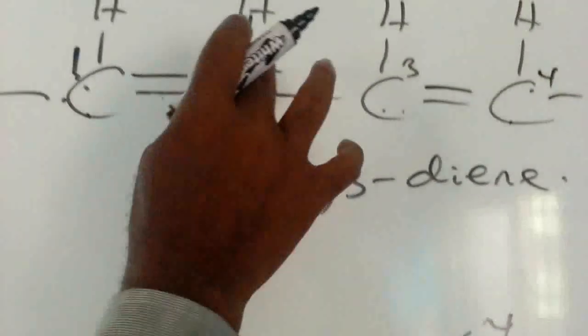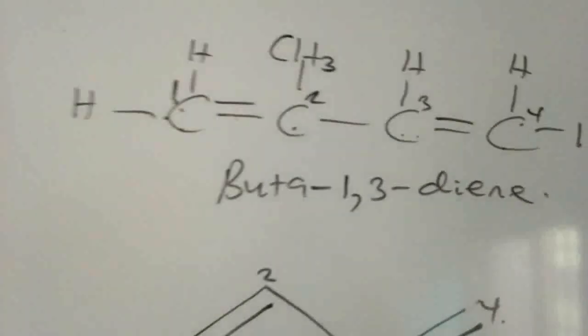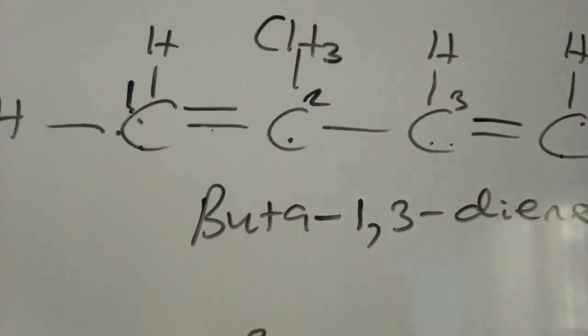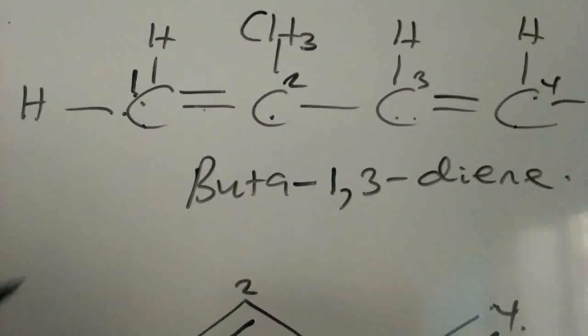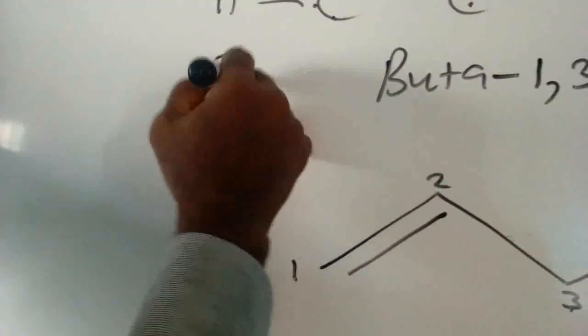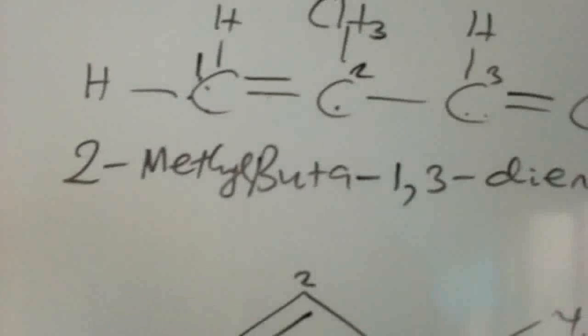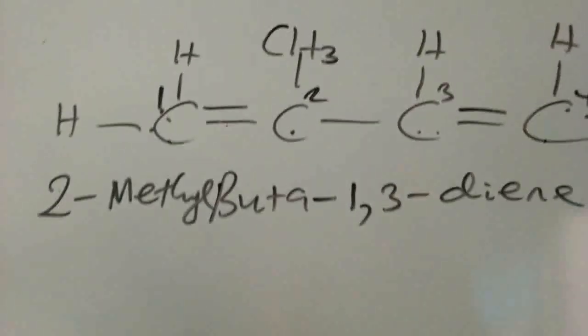Now, let us remove this hydrogen and put a methyl group here to get the isoprene unit, which is the monomer of natural rubber. So let's say we have this structure drawn for us. The name will change. This now becomes 2-methyl-buta-1,3-diene, isoprene.